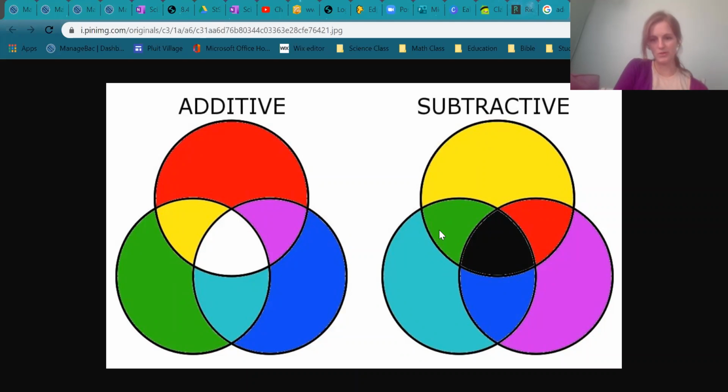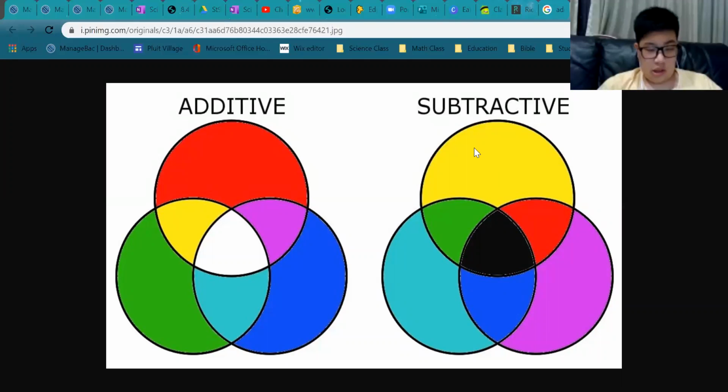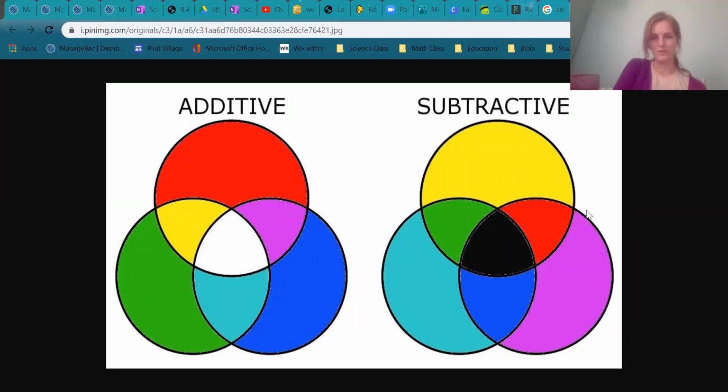We're used to if you mix yellow and blue, you get green, but that's because we only see what's reflected to us. So yellow and blue, you're just subtracting all the colors that don't get reflected, right? Wait, so my explanation was correct, right? Yeah, that was a really good explanation. Yay!